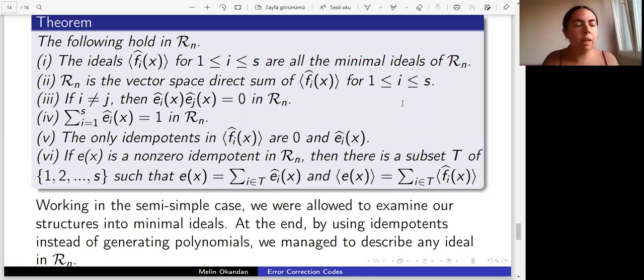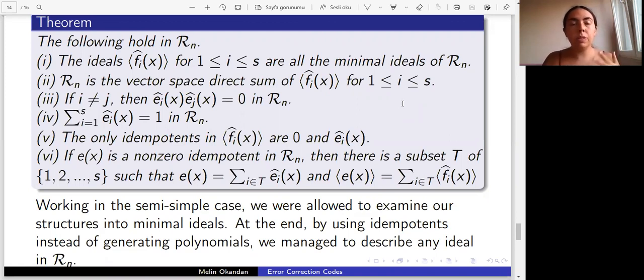We haven't talked about it here, but we can generate these idempotents using the generator polynomials, and there are other ways that do not use these generator polynomials to construct these idempotents too. So it is very easy and efficient to work in the cyclic code space. This is why in the first place we started working with it.